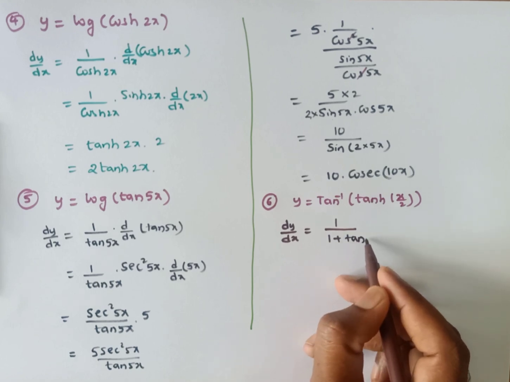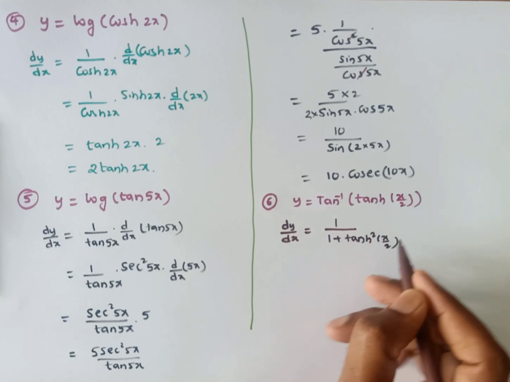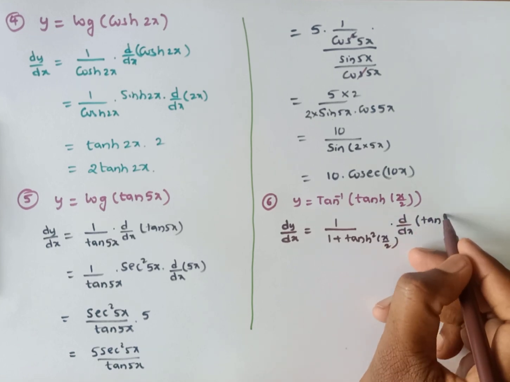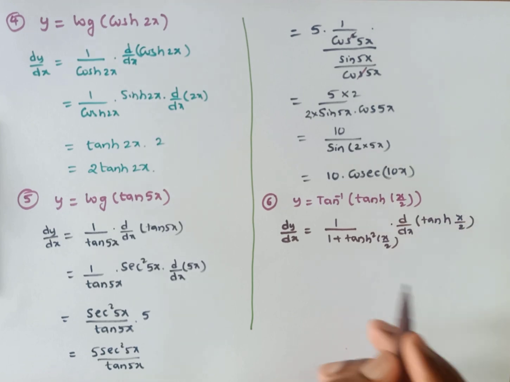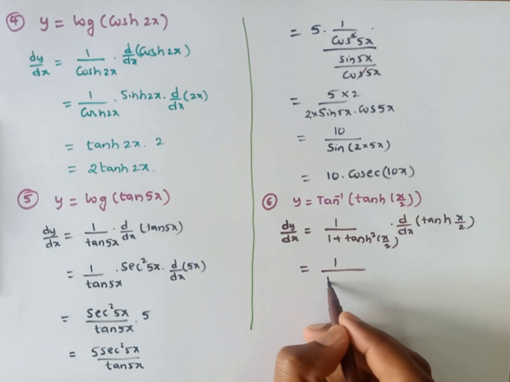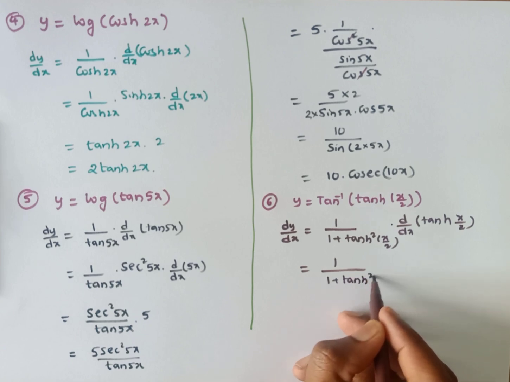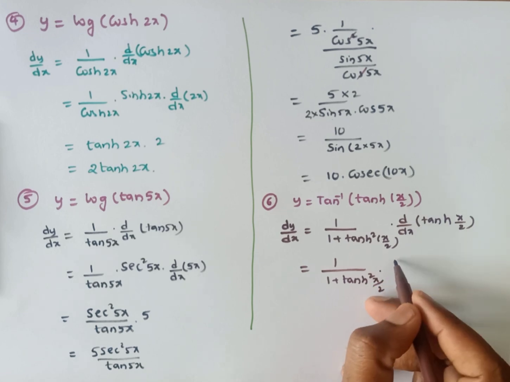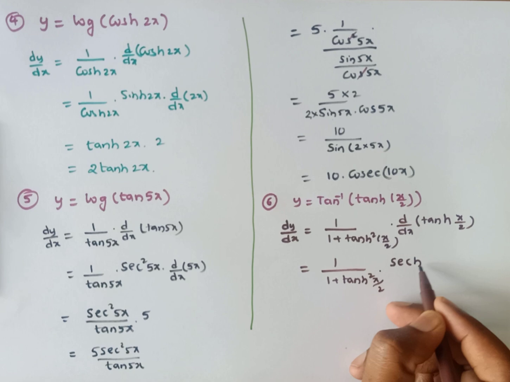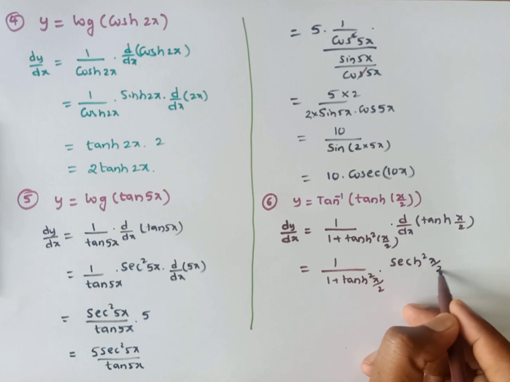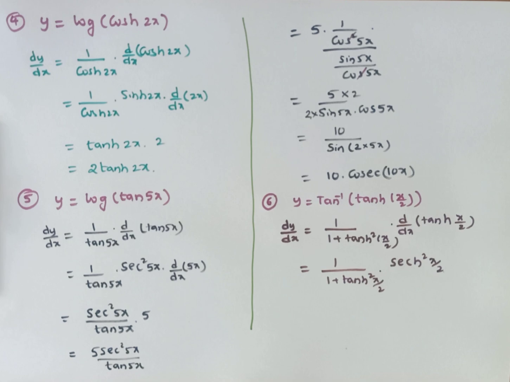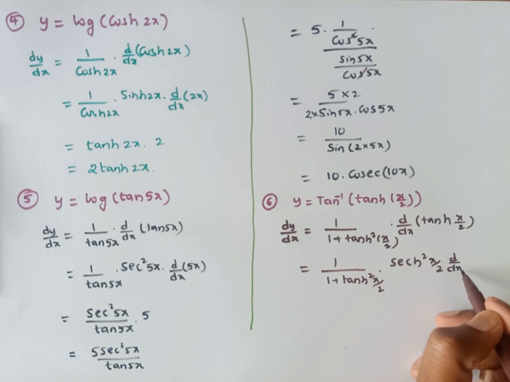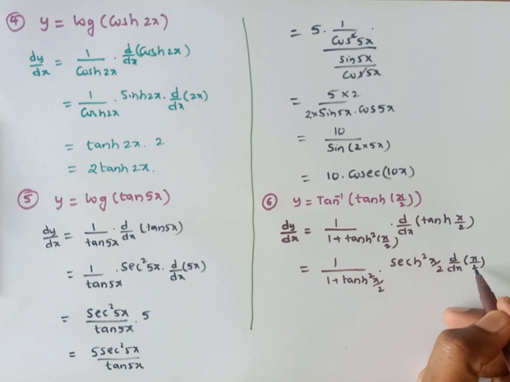Now we can express it as 1 plus tan h square of x by 2, into d by dx of tan h of x by 2. So this is 1 divided by 1 plus tan h square x by 2, into the derivative of tan h, that is secant h square x by 2, into only the inner function d by dx of x by 2, which is 1 by 2.